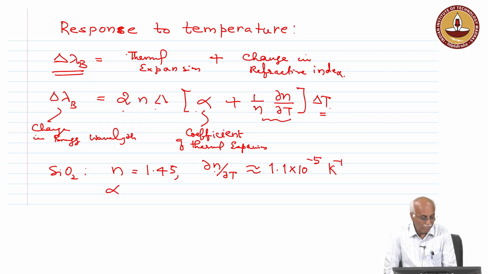Alpha, which is the thermal expansion coefficient, is 5 into 10 raised to minus 5 per Kelvin. So, this is the way that it can capture the information, and this is the response to the temperature.